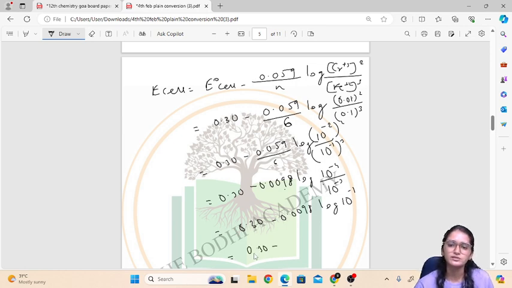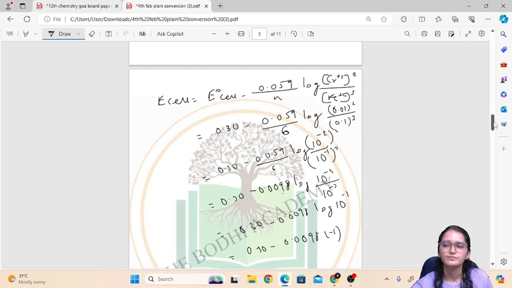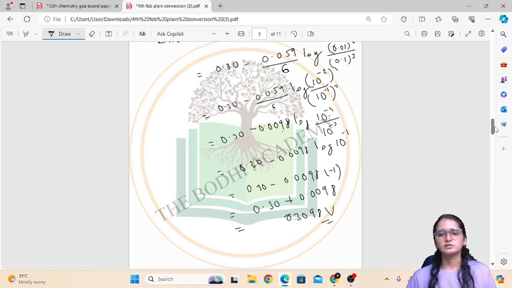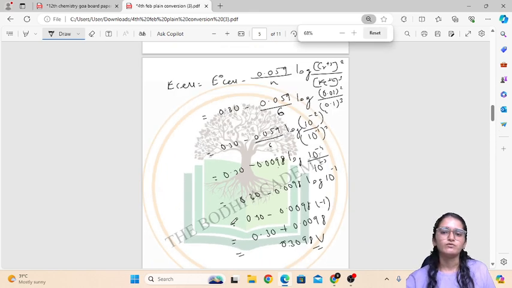So 0.30 minus 0.0098 log of 10 raised to minus 1. Log 10 is 1, so the log gives minus 1. This minus becomes plus, so 0.30 plus 0.0098, and we get the answer 0.3098, and the unit is volts. So this is our answer for E of cell.